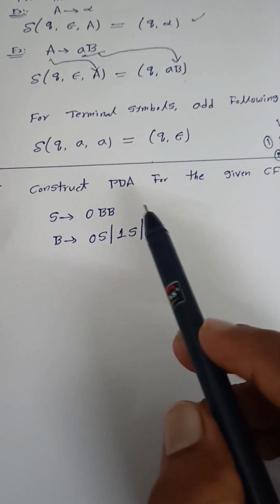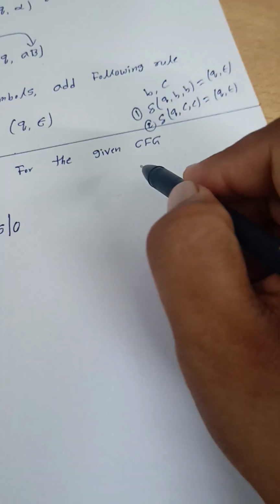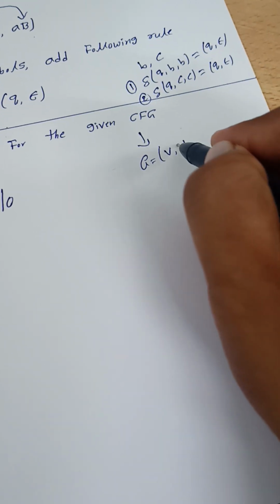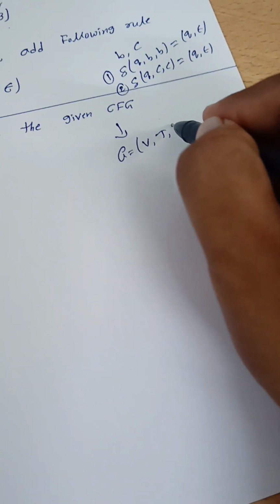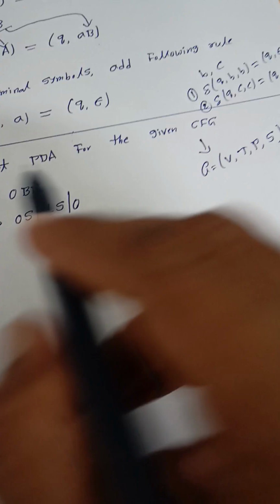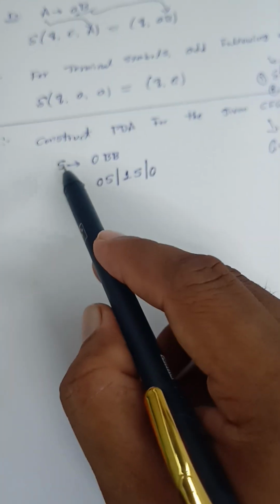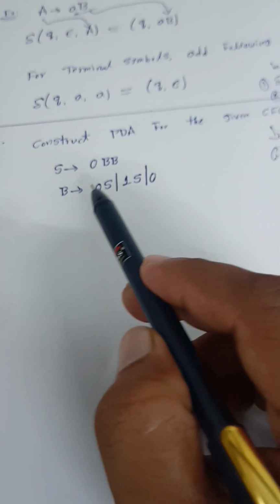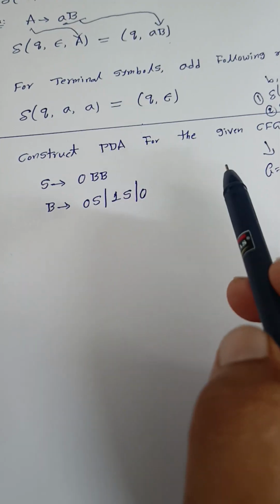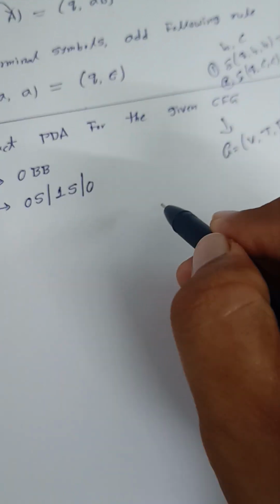CFG means a finite set of variables, a finite set of terminals, production rules, and a starting symbol. Here the starting symbol is capital S. The variables are capital S and capital B, and 0 and 1 are the terminals. Now we will convert this context free grammar into PDA.